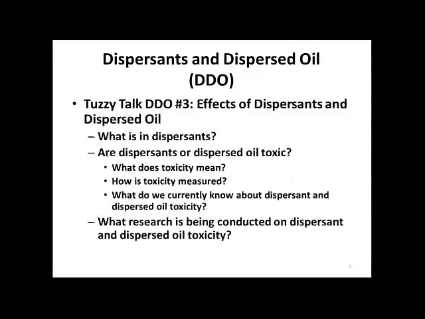And then the last talk I'm going to do is on the effects of dispersants and dispersed oil, which is also a very complex topic. We're going to talk about what's in dispersants, whether dispersants or dispersed oil are toxic, what we mean by toxicity, how toxicity is measured, and what we currently know.